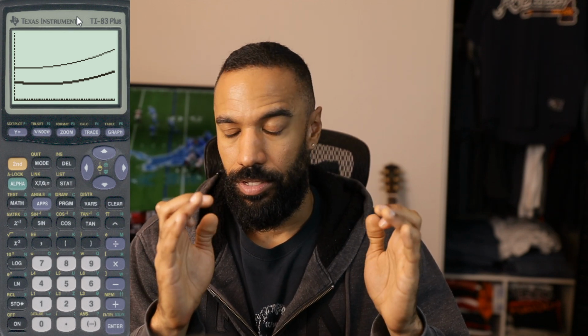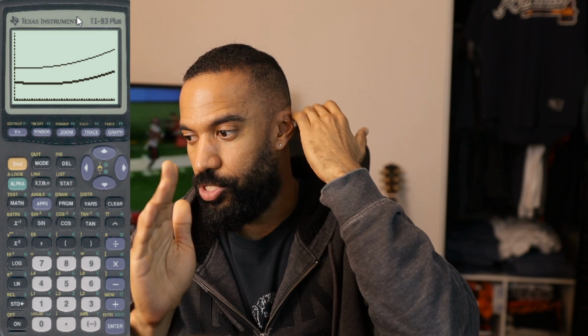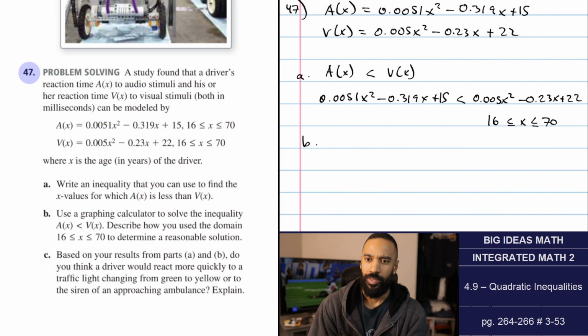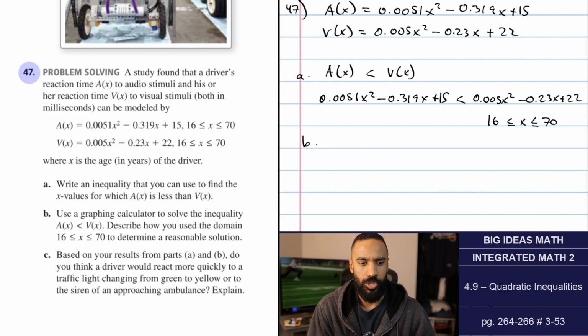So regardless of the age of the driver in this set, their reaction time to audio stimuli is faster, it's more responsive, than their reaction time to visual stimuli. I didn't know which would be. I guess because there are other things on the road, but when you hear a horn honk, I don't really know. But those were the two graphs.